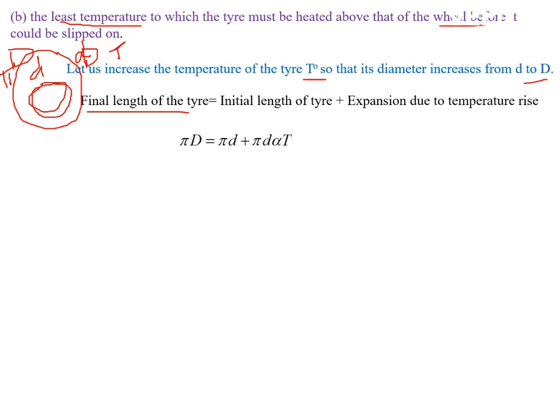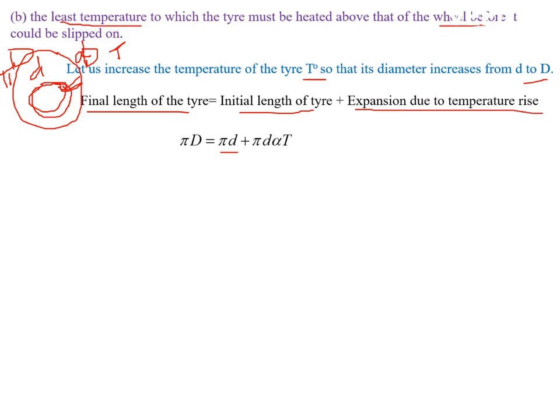So pi D equals the initial length of the tire, that is the initial perimeter, pi small d, plus the expansion due to the temperature rise.